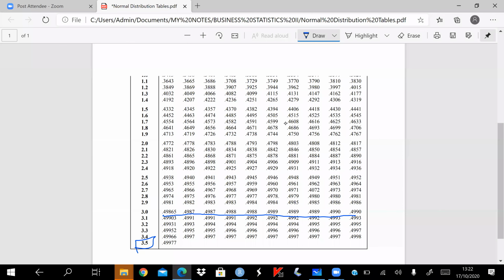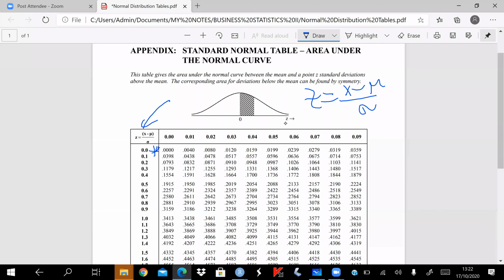These tables give the probability that Z is bigger than 0 but less than some Z value here. This is the point we're calling Z1, and we're only taking the positive values of Z. If you want to work with negative values of Z, you read here: the corresponding area for deviations below the mean can be found using symmetry.